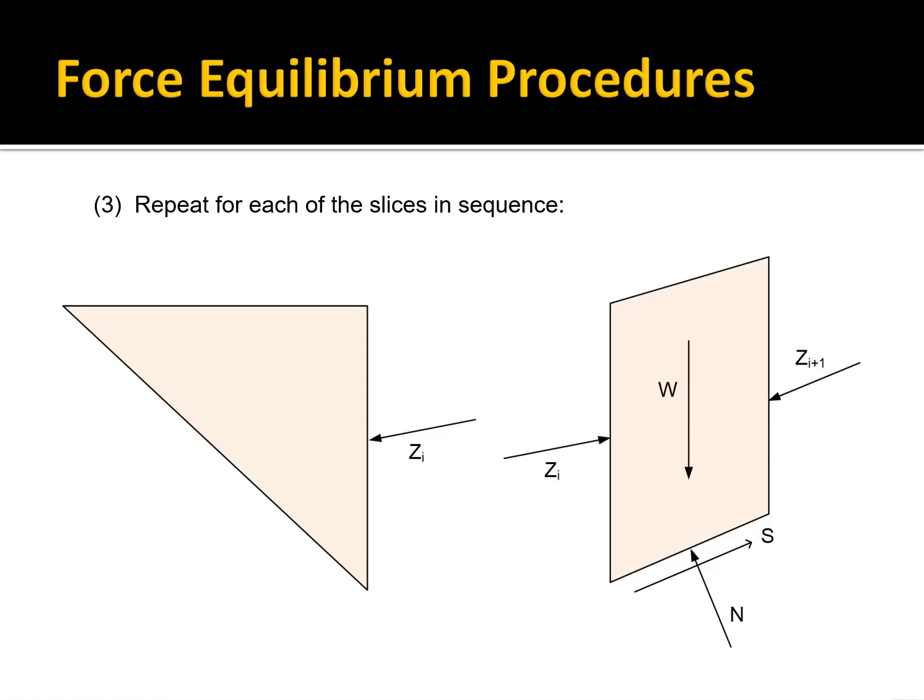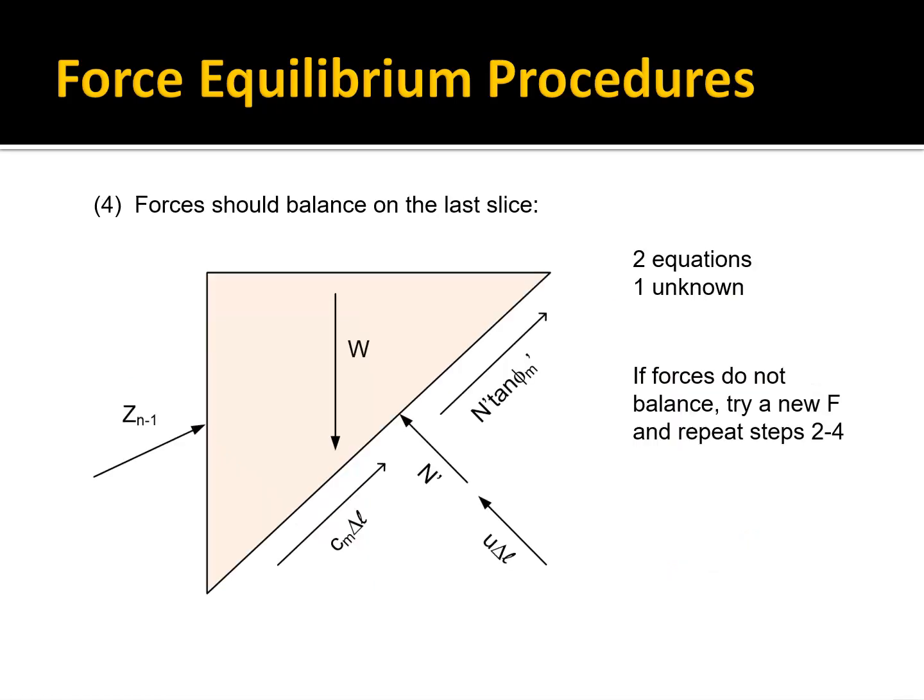Then we just repeat this and propagate to the right, all the way to the last slice, which is again a triangular wedge. Z is known, and the only unknown is N. So now we have two equations and one unknown, and we just check to see if the forces balance out. If they do not, then we try a new F and repeat all those calculations.